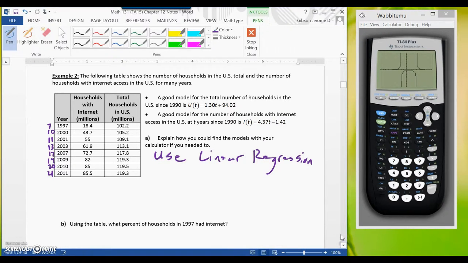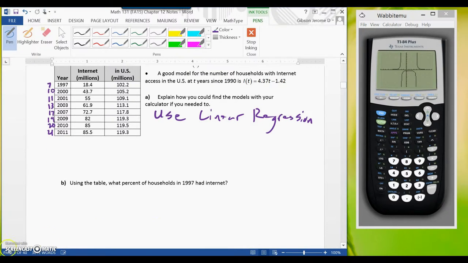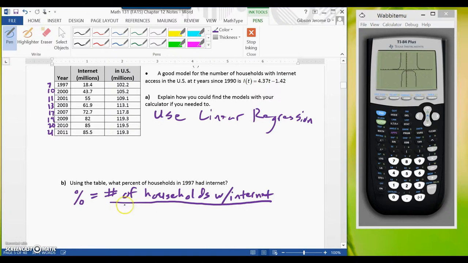Okay, now for B, it says using the table, what percentage of households in 1997 had the internet? So, this is what we would do. We would have our percent, and this is the percentage of households, equals the number of households with the internet divided by the total number of households.